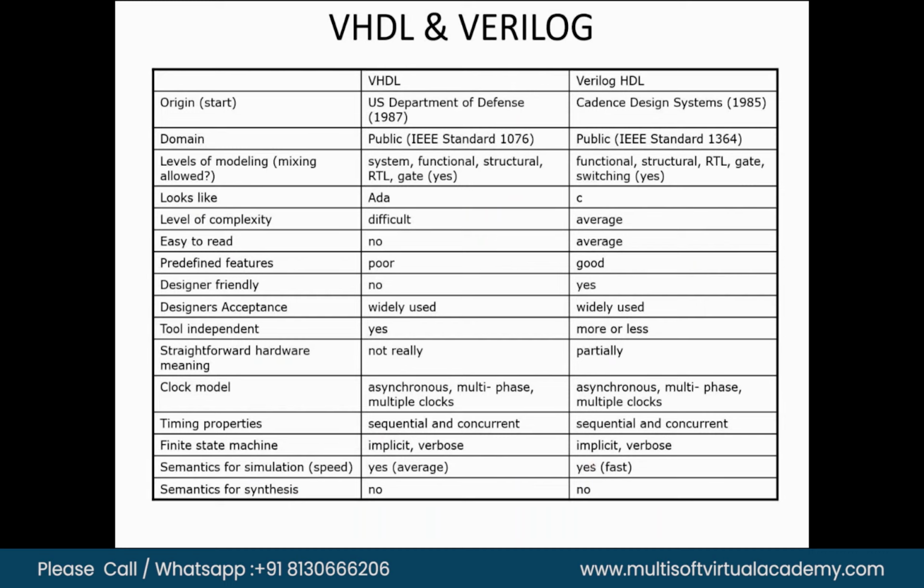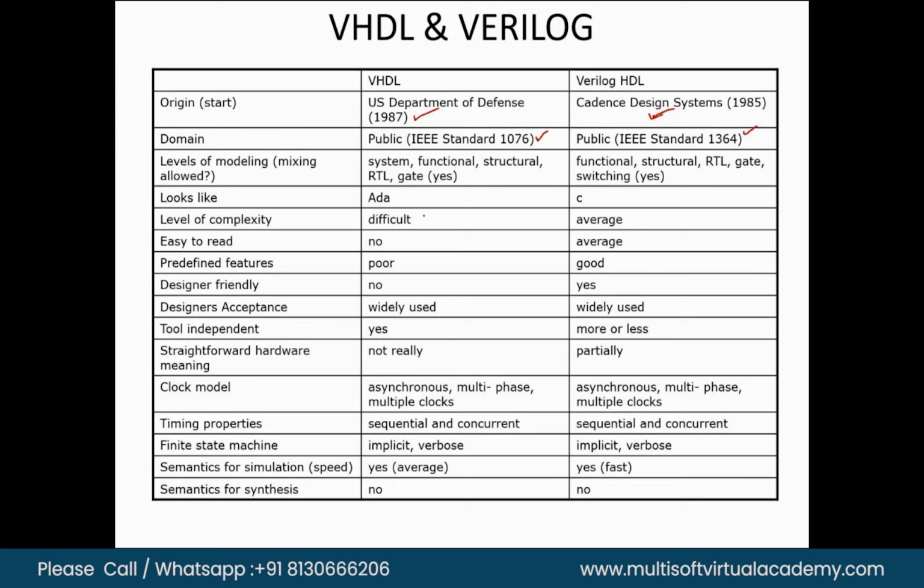This is a comparison between VHDL and Verilog, where and how each started. VHDL started in 1987 in a US laboratory, but Verilog started in 1985, so it is an older one than VHDL. VHDL is the IEEE 1076 standard, and Verilog is 1364. Similarly, there are some different functions.